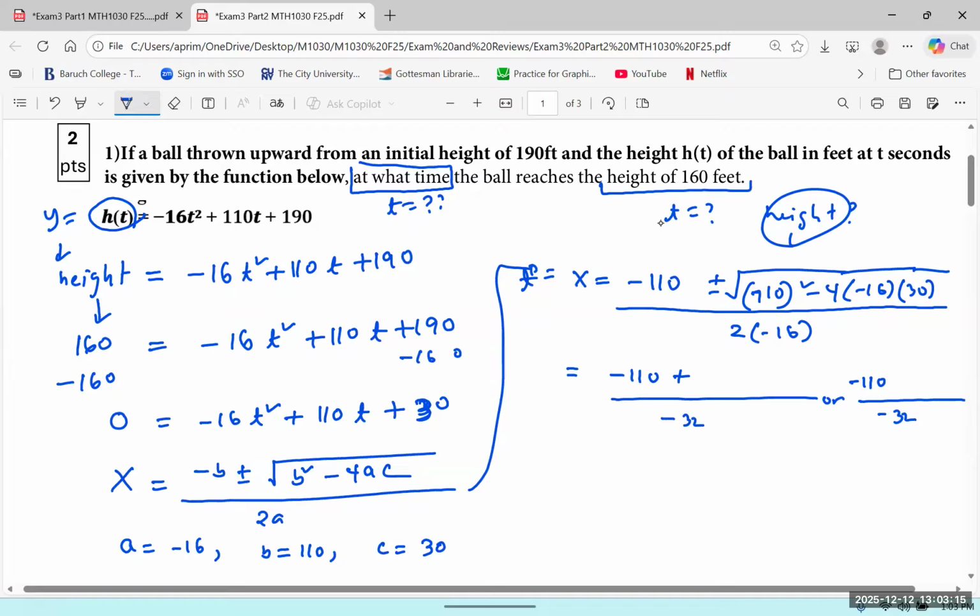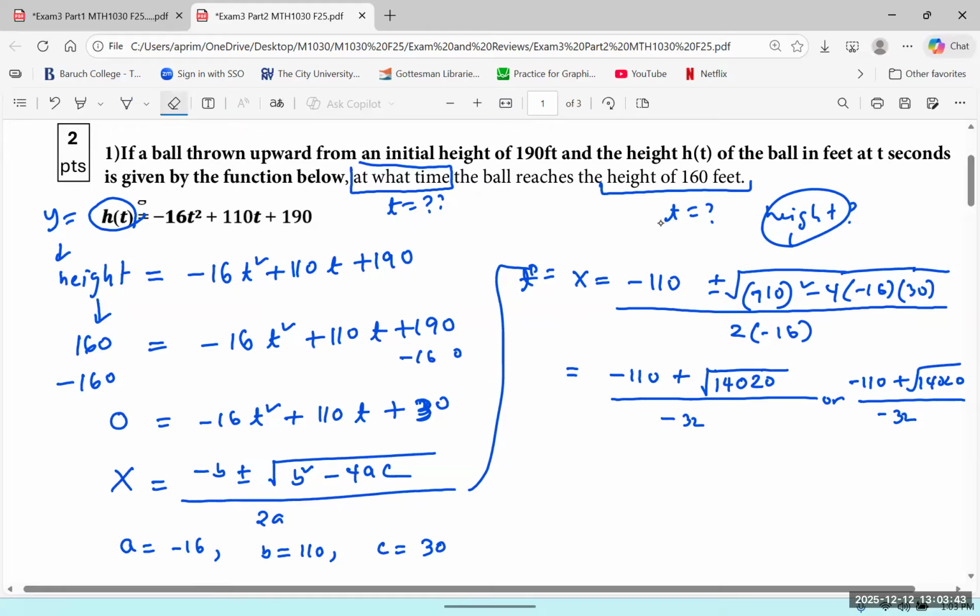I decided this square root was 14,020. Square root of 14,020. See, my brain doesn't work when you give me a big number. You have to tell me the number itself, like 14020, then I understand. Okay, 14020. So you do the math.